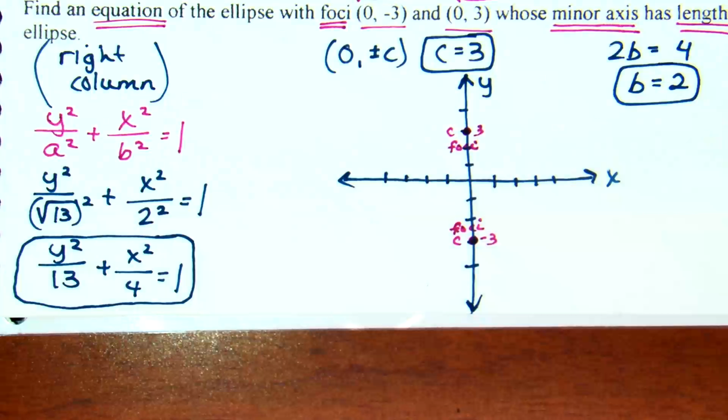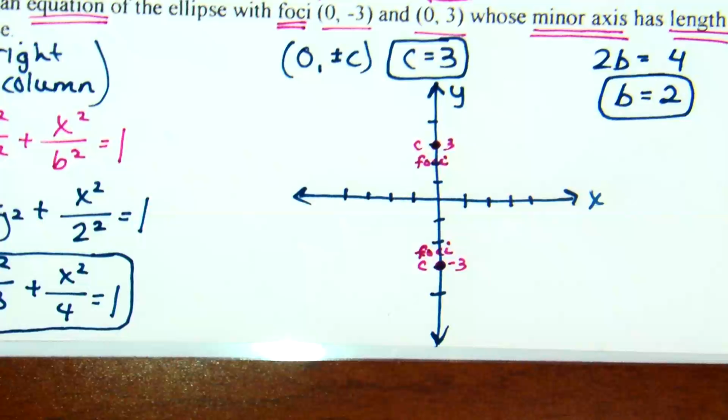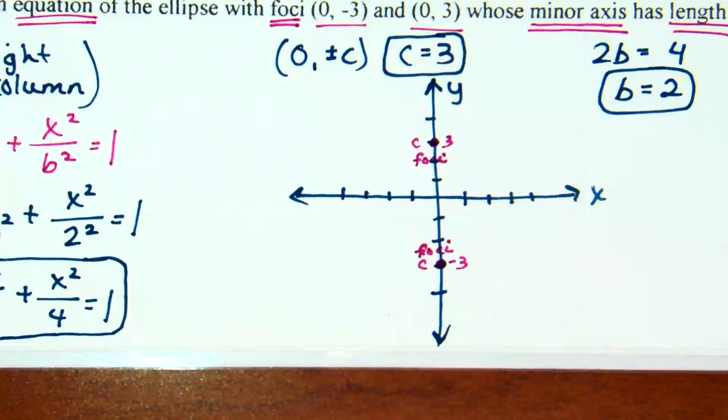Okay, what else? We have B. I'm going to hold off on B for a moment, and on the minor axis.